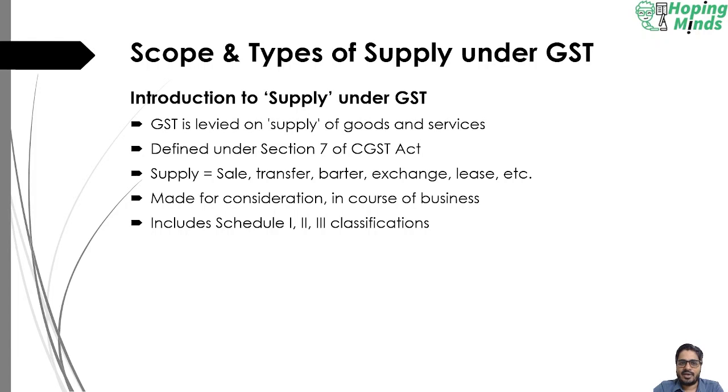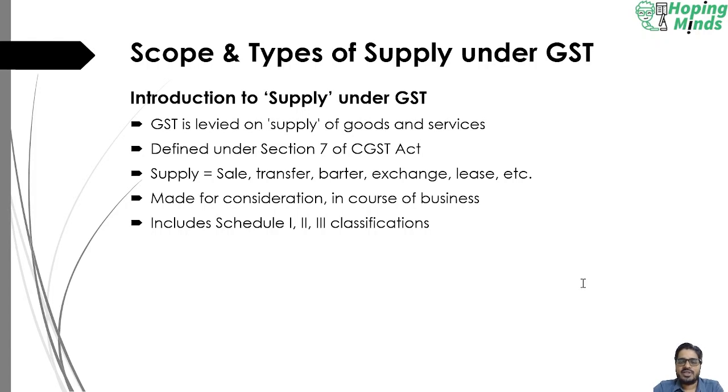finally the annual return. We learned about the different due dates of different GST returns, like for GSTR1 it's the 11th of the succeeding month or 13th of the succeeding month in case of those who have opted for quarterly returns. Then for GSTR3B it is 20th of the succeeding month or 22nd or 24th of the succeeding month based on the states.